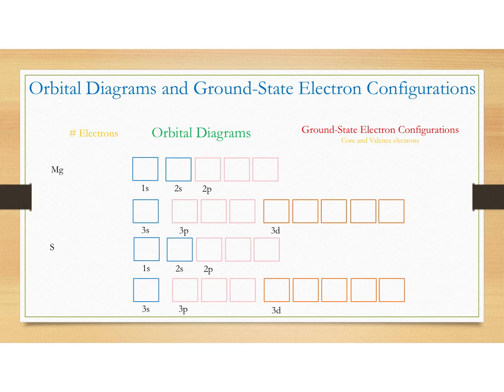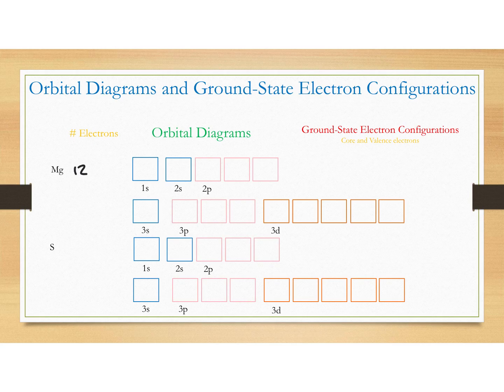So you're going to have 1s, 2s, 2p, 3s, 3p, 3d. We're going to have to go out to the 3rd energy level. We find the number of electrons that magnesium has. Magnesium is atomic number 12, right? So it's going to have 12 electrons.